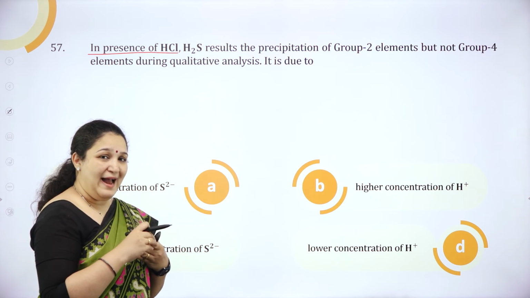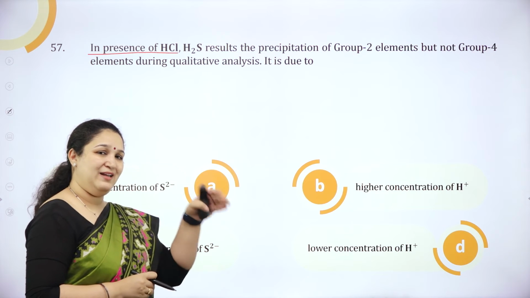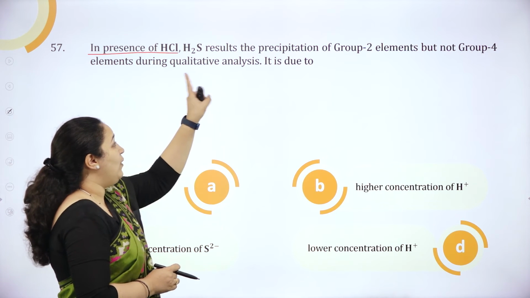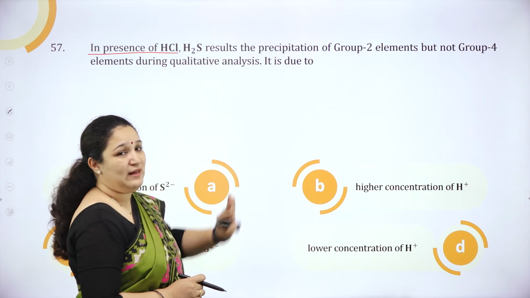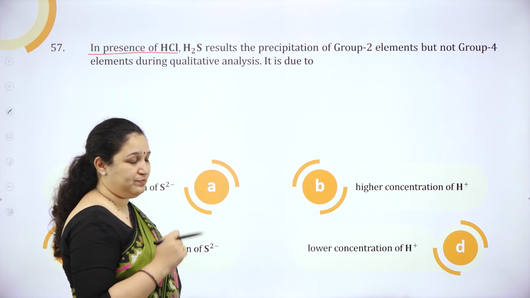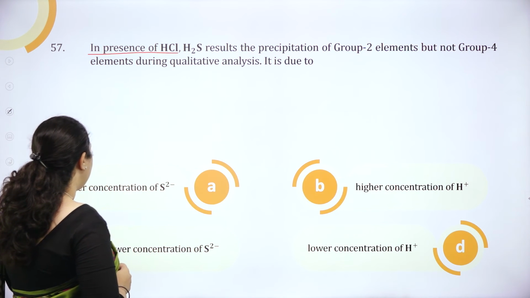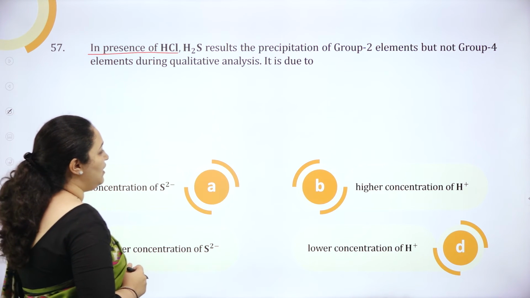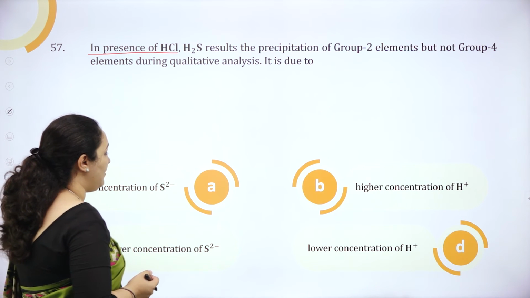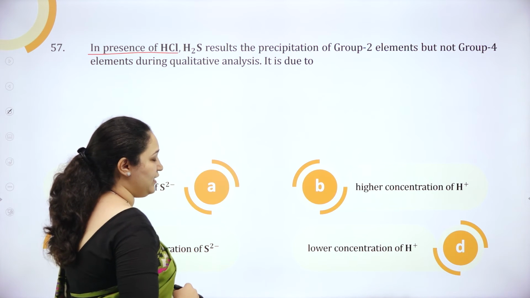So you are adding H2S in group 4 and in group 2, but in the presence of HCl, why only group 2 elements are precipitated and not group 4 is the question. So we'll see the options: higher concentration of S2 minus, higher concentration of H plus, lower concentration of S2 minus, lower concentration of H plus.